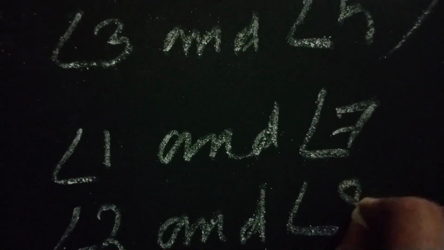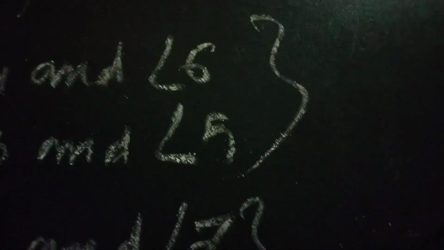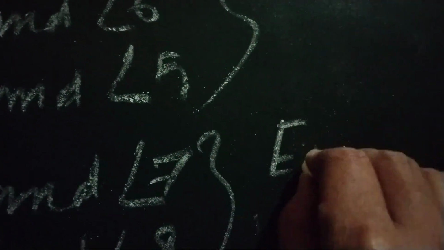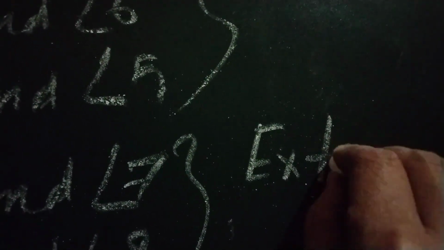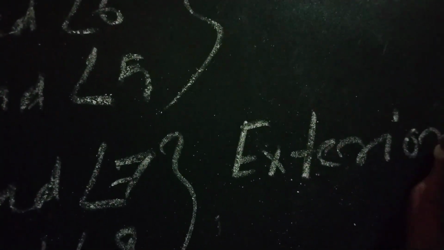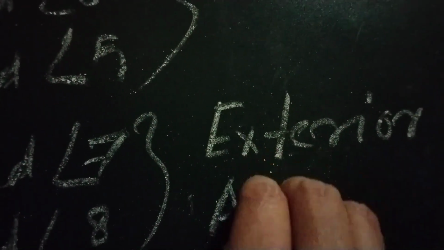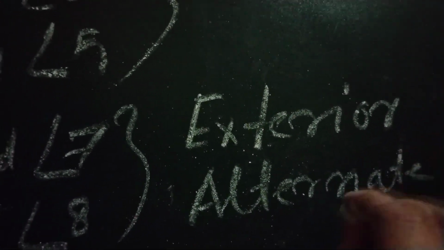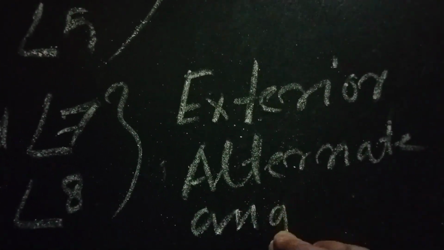These two pairs of angles are called exterior alternate angles.